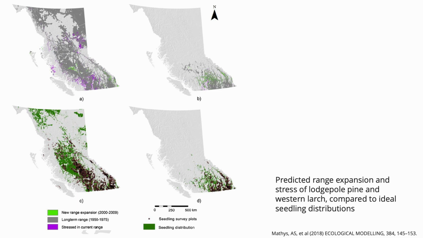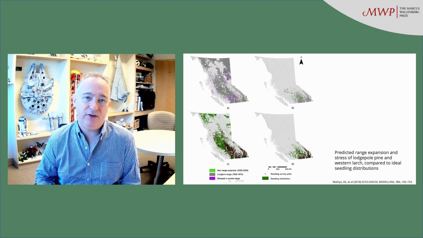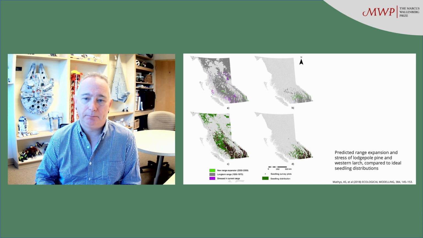In this thesis work by Amanda Mathis, she took this concept and she looked at where areas are stressed for a particular species, and then where the seedlings are being planted. And then finding a mismatch between the species that we're planting in areas that are likely to be more stressed, providing insights into where we should be changing the species mix across the landscape.